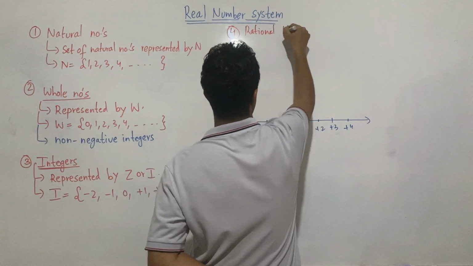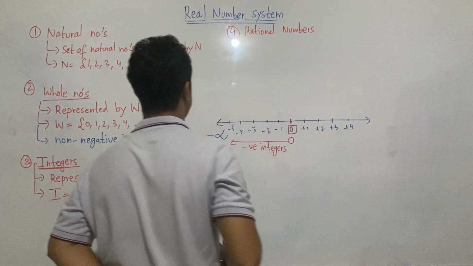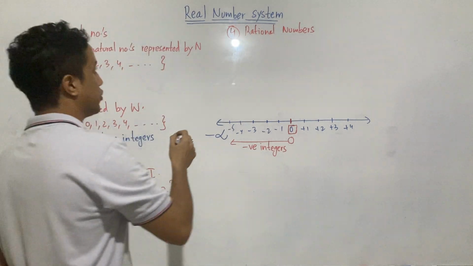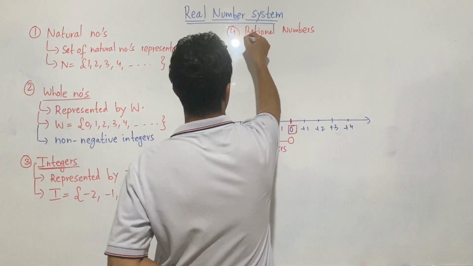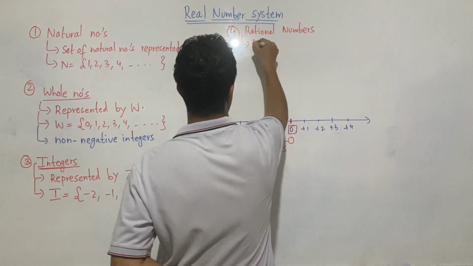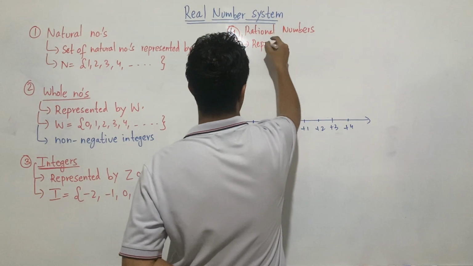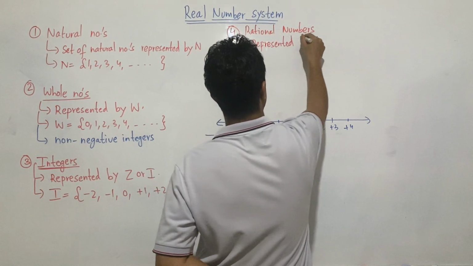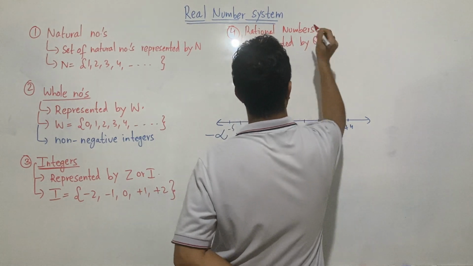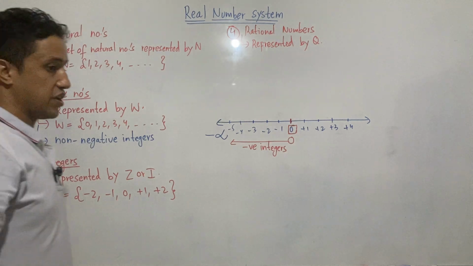Rational numbers are very important. First of all, the set of rational numbers is represented by Q.